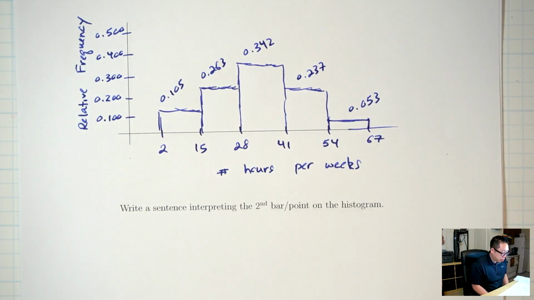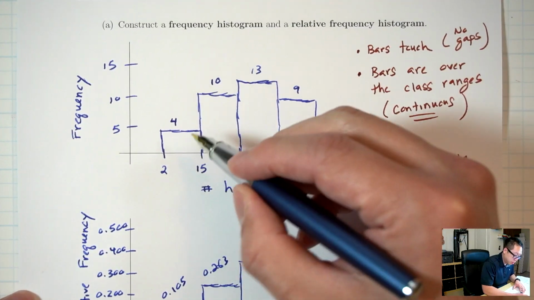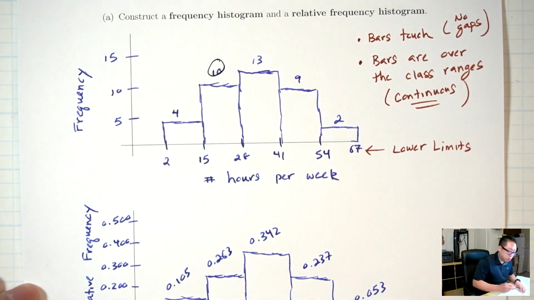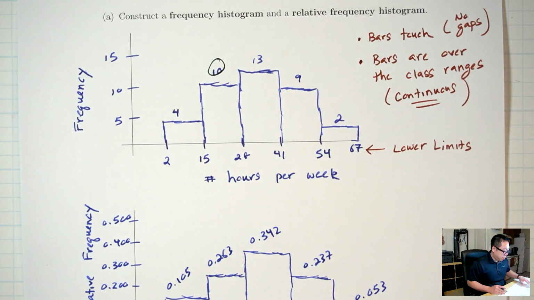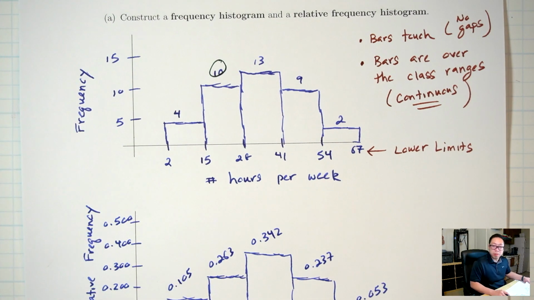All right, so last part here, I want you to write sentences interpreting the second bar on the histogram. Let's start with the first picture, which is this one. The second bar is this 10. So what does this 10 mean? It usually helps me to interpret using the table.